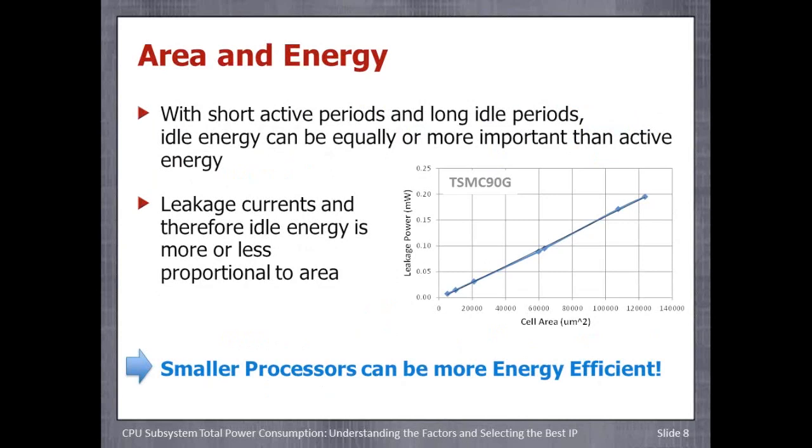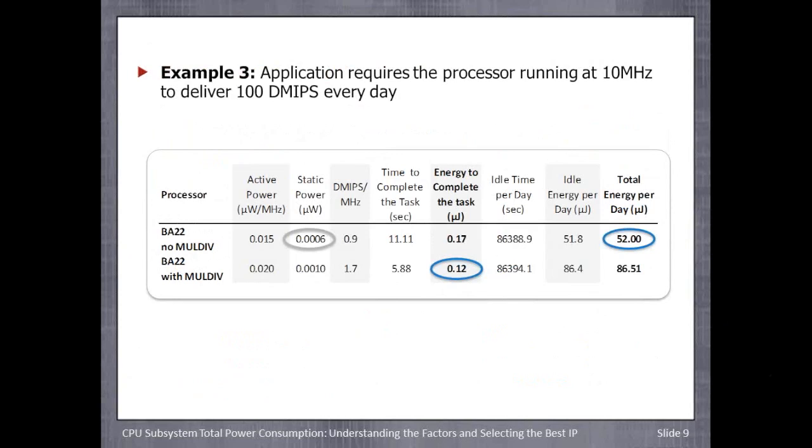The way that area affects the static energy is through leakage, and leakage currents are proportional to area. Here we have a graph of cell area versus leakage power for designs mapped on TSMC 90 nanometer technology. That proves the point that area is proportional to leakage power. So smaller processors can be more energy efficient. Let's see an example of how that works.